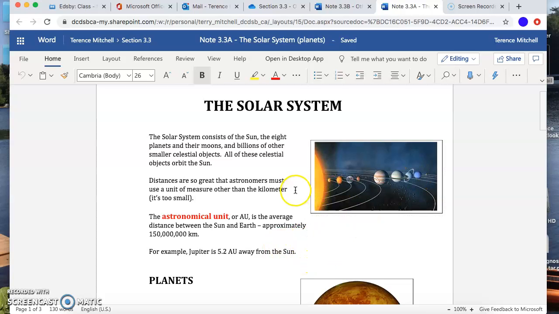But what I mean by lined up is, look at their orbits. These rings that represent the orbits, they're all at the same level. So we don't have the Earth orbiting like this, and we don't have Neptune orbiting like this. They all have the same plane of orbit, which is actually kind of remarkable.